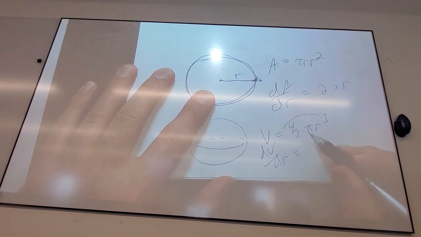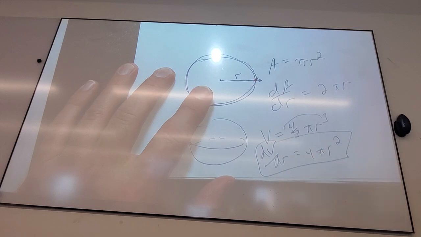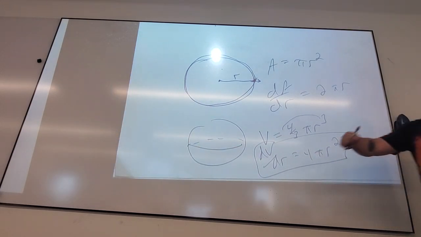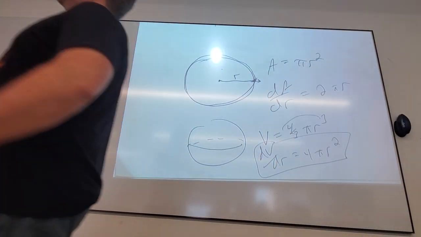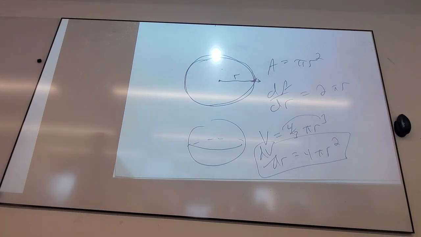Yeah, the 3 comes down, kills that 3, yes? You might not remember this, but that is the surface area of the sphere. It's the same idea, just put into 3D.